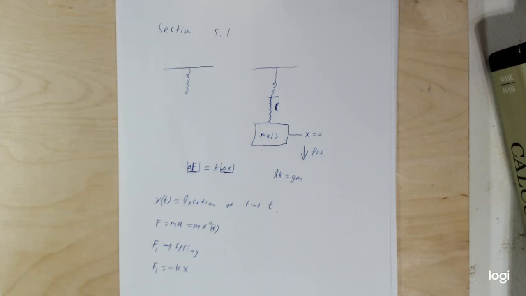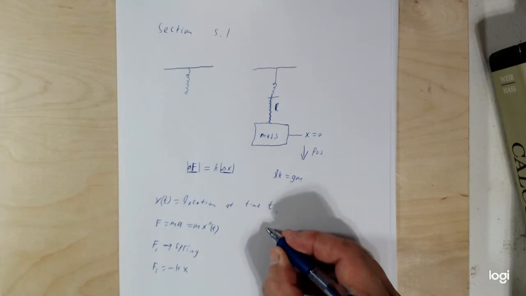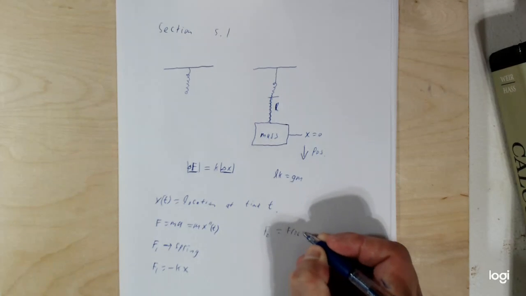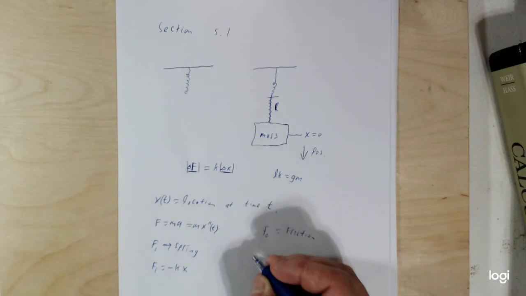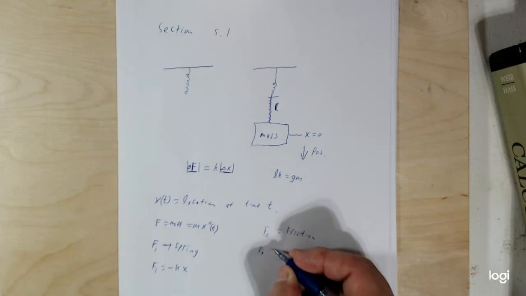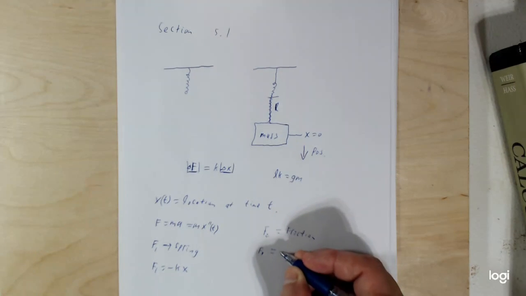However, this is usually where we stop in sort of a high school application. We want to add in the things that are out there in real life. And the one thing we tend to ignore in a lot of idealized situations is friction. So we're going to add in a couple more forces. We're going to put F2 as our friction, and F3 is going to be some external motor.